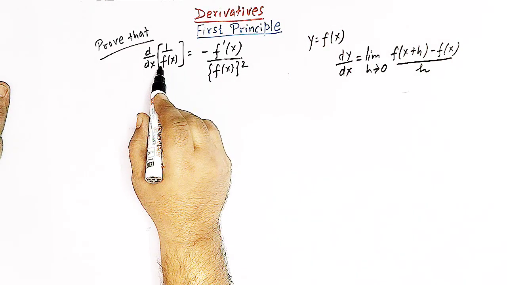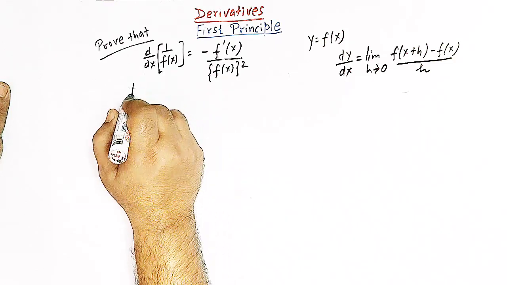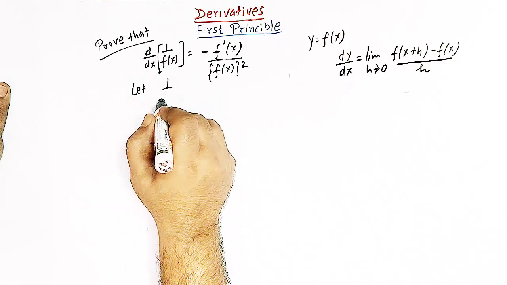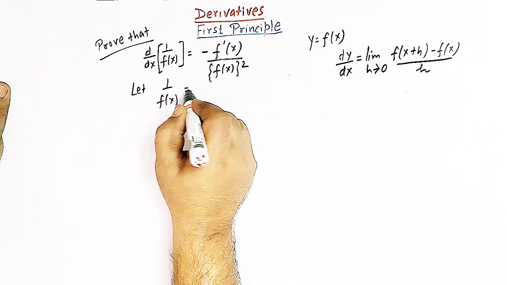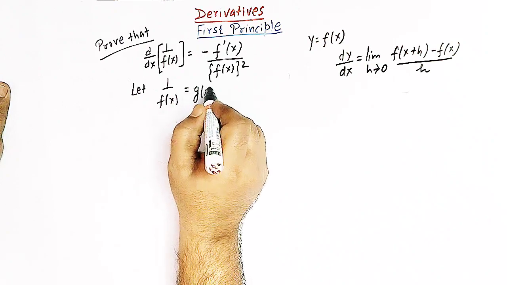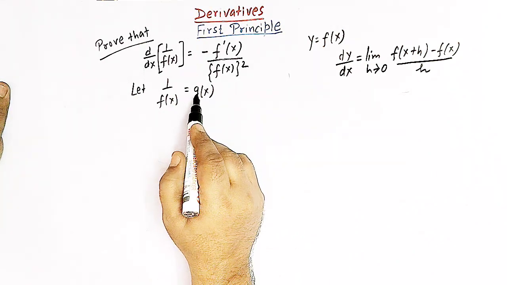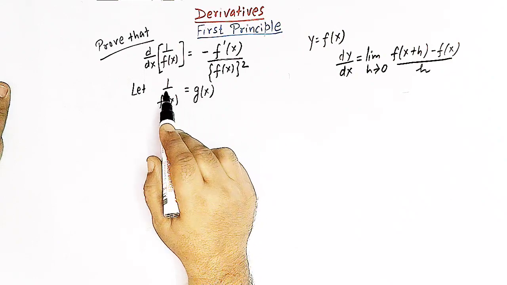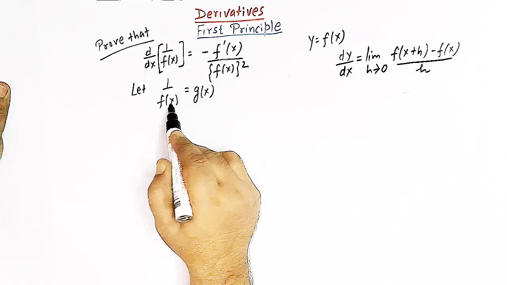So here what we will do, we'll suppose 1 over f of x is equal to some other function, say g of x. So let us denote g of x as the reciprocal of the function f of x.